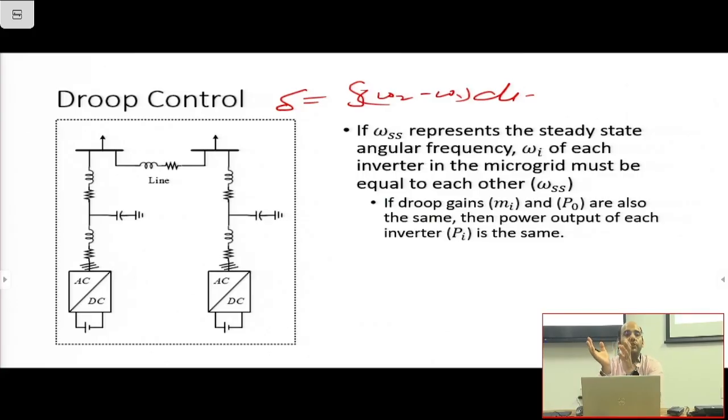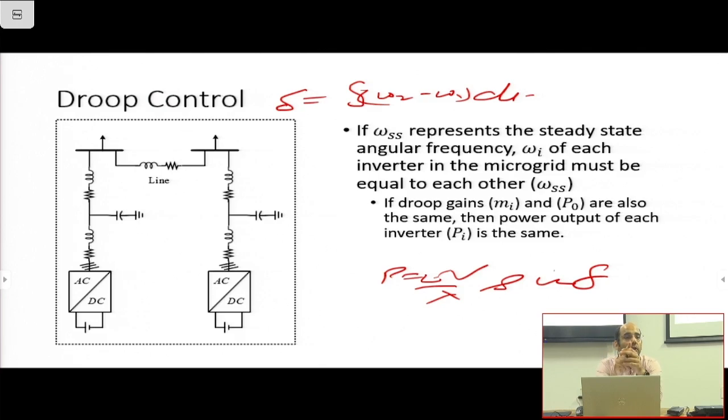So by changing the frequency, you change the angle, and when you change the angle, the power flows. The concept is the power has to flow by changing the angle. And how does the power flow by changing the angle? The power flows by the relation P equal to EV by X sine delta. That means when the angle changes, the power has to change, by the relation EV by X sine delta.